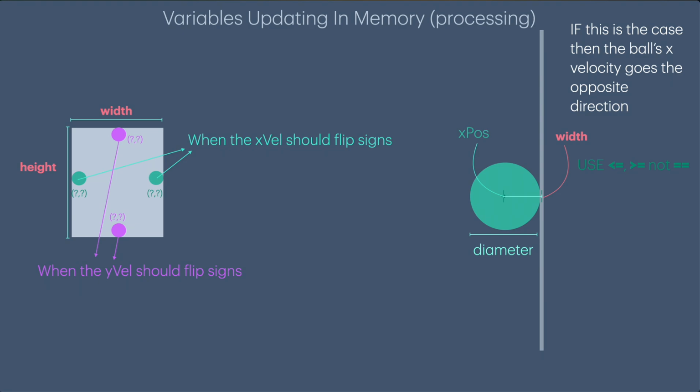So you want to look at comparisons like greater or equal to, greater than, less than or equal to, or less than, to figure out when it's time for the X velocity to flip the sign. There's actually two cases where the X velocity flips the sign. In one case or the other case, you should flip the sign of the X velocity.